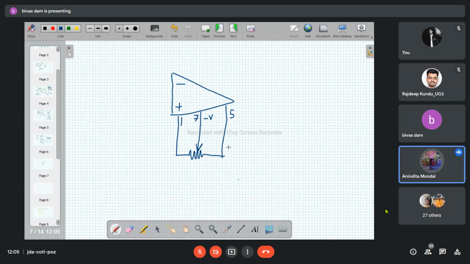So, sir, in any case we are supplying negative voltage only, but the actual voltage is pin number 5 voltage with respect to pin number 1. So that can be positive or negative, isn't it? Yes, sir.